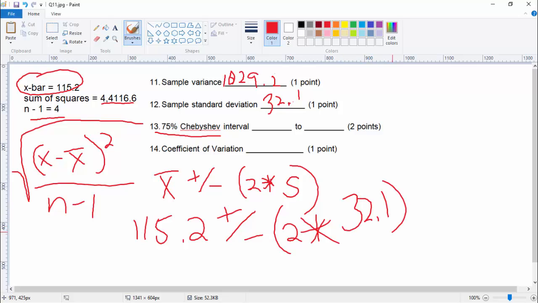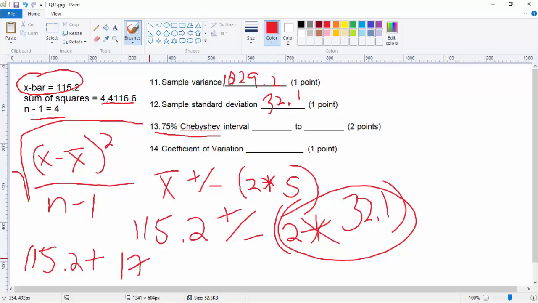So theoretically you could work that out, right? Like you take this 2 times 32.1, and you add it to 115.2. So what you end up with is 179.4, and that's what goes up here, 179.4.